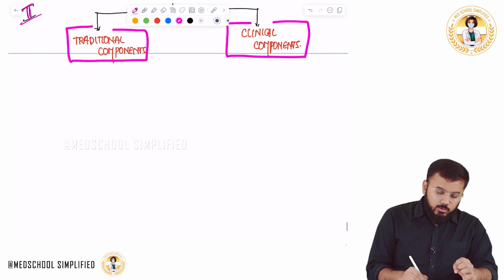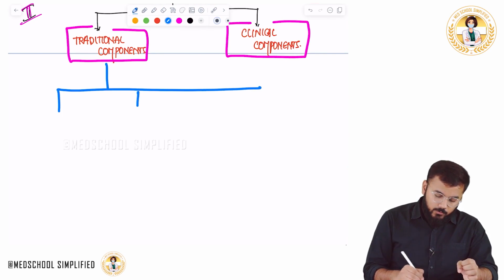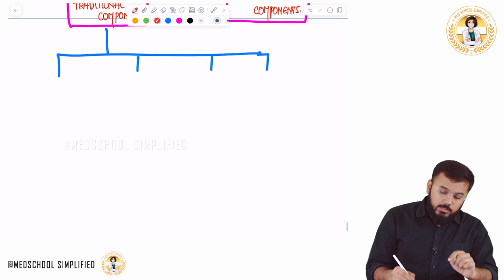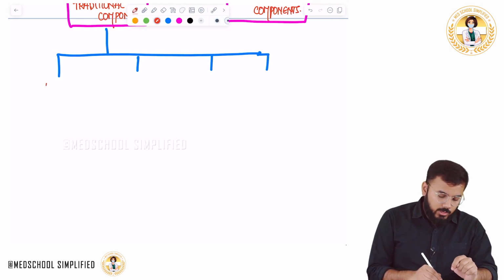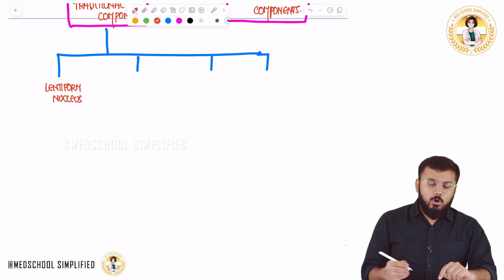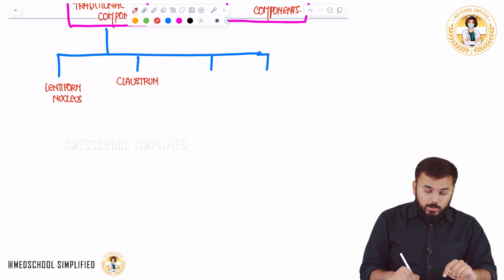The traditional components are divided into four: 1, 2, 3 as well as 4. What are these four? The first important traditional component is your lentiform nucleus. Next is your claustrum. Third is your caudate nucleus.